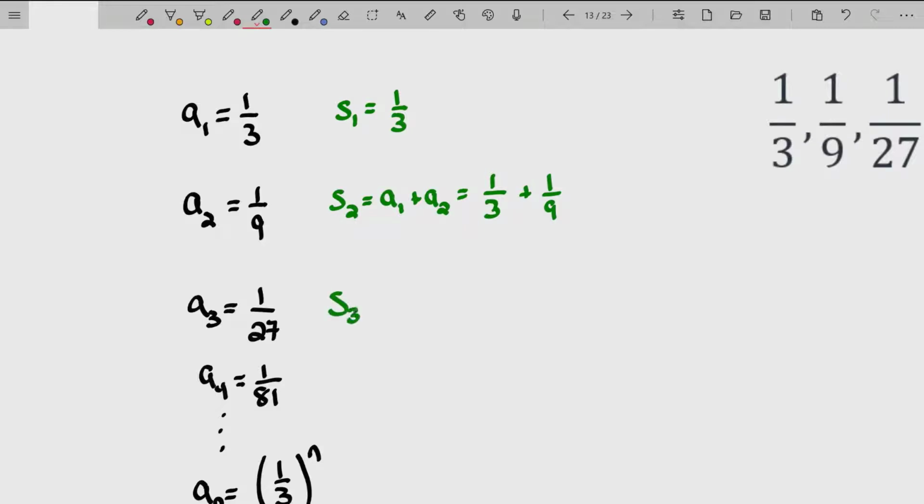The third partial sum is the sum of A1, A2, and A3, which is 1/3 plus 1/9 plus 1/27.